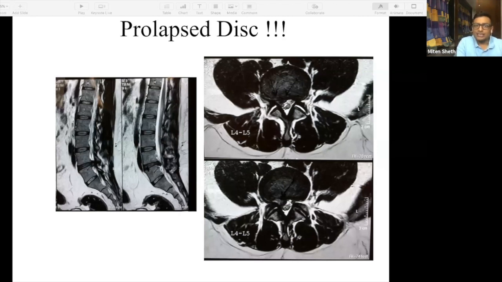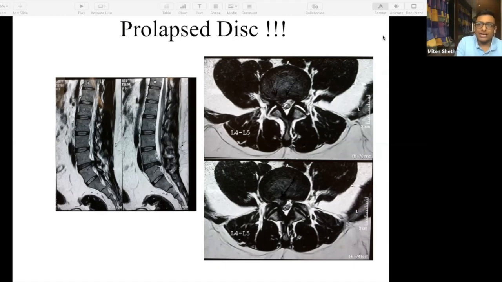You can see that the disc is black, it is degenerated, and it has also come out of its place. Here you see the axial cut, and you see that it has come out on the right side. It means the place where the nerve exits on the right side has deteriorated, and that is right-sided lateral recess stenosis. So this patient should have low back pain and right-sided leg pain. If this matches, everything is matching.